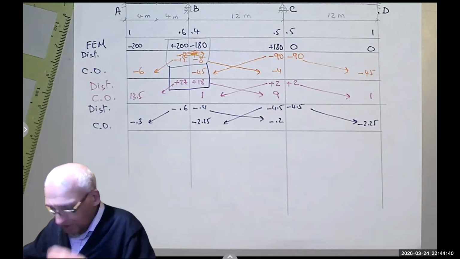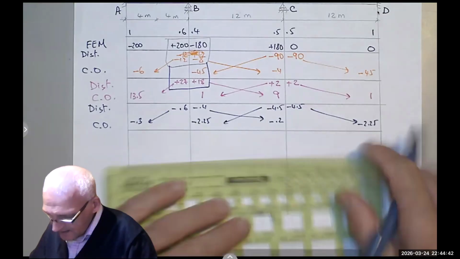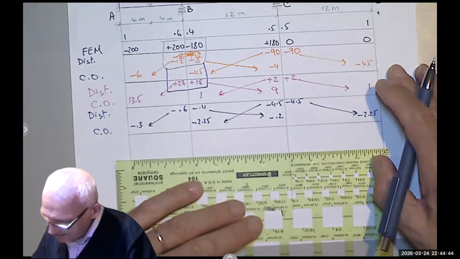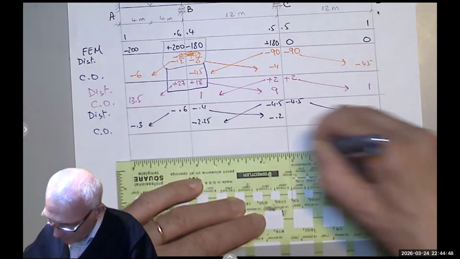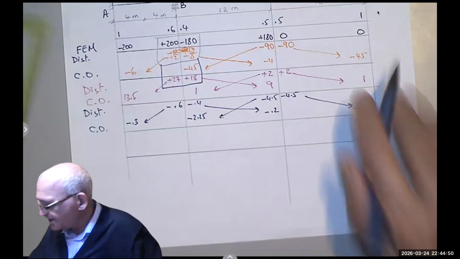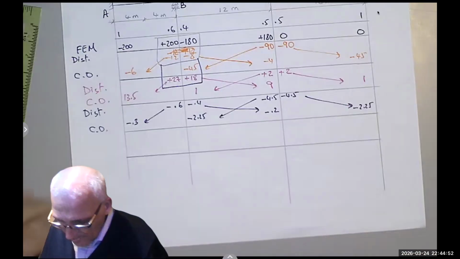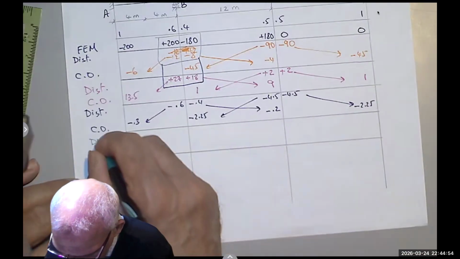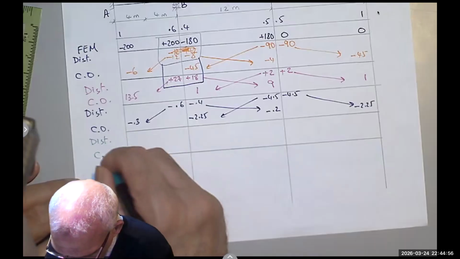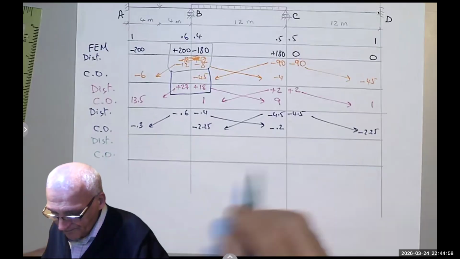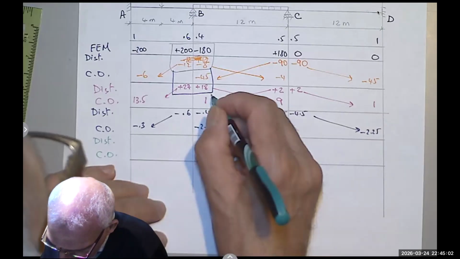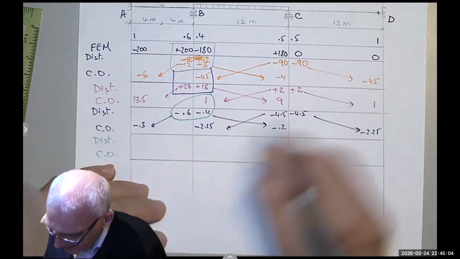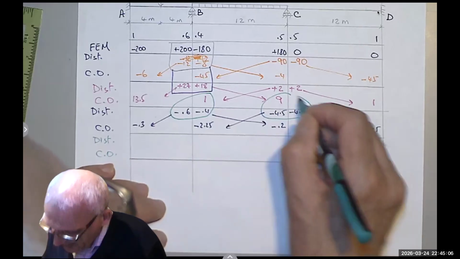And probably I will stop either next step, or we can do it one more time. Distribute, carry over. Again, the 1 and the negative 1 are balanced, and the 9 and negative 9 are in balance.